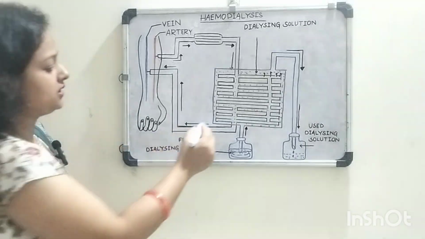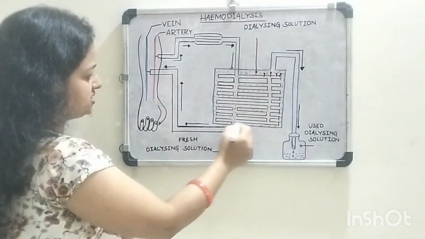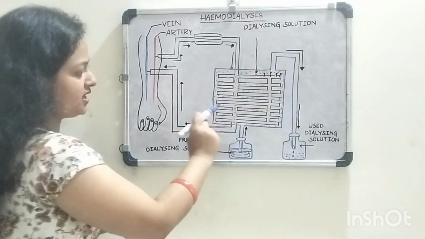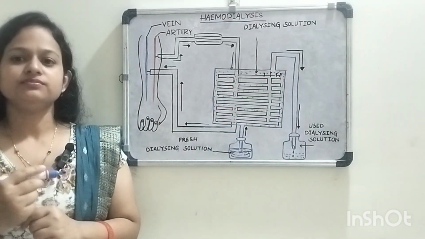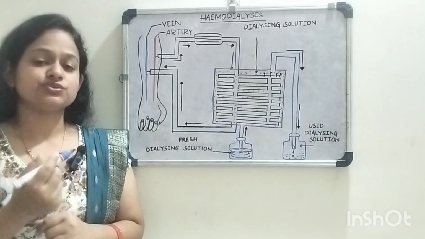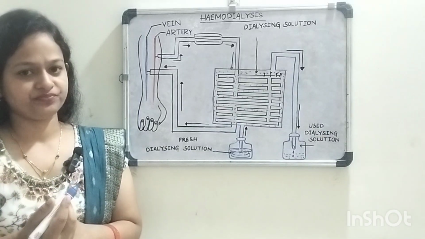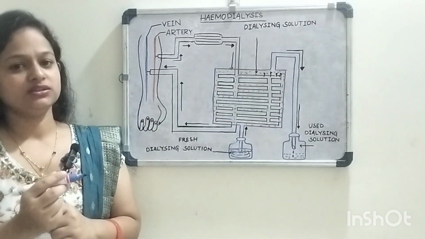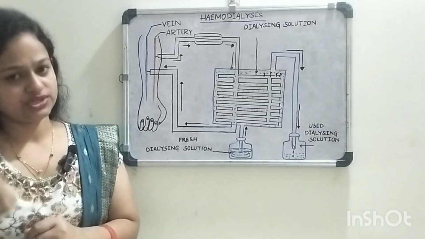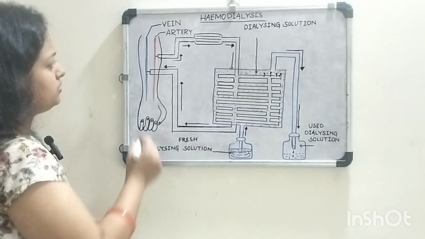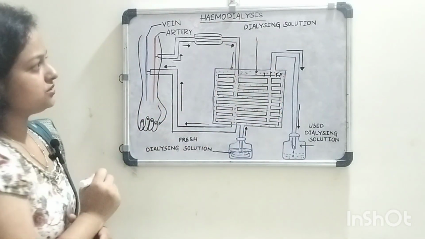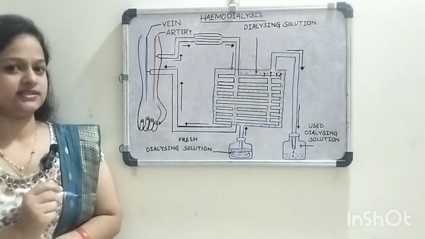One more thing: the dialyzing solution in this tank has the same osmotic pressure as the blood, except that it contains no nitrogenous waste product. So this is the whole technique of hemodialysis.